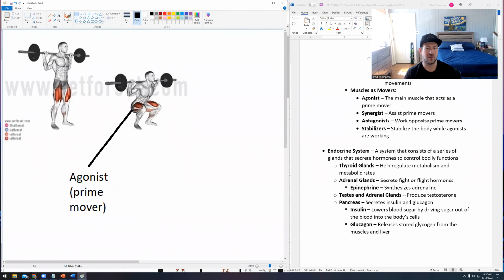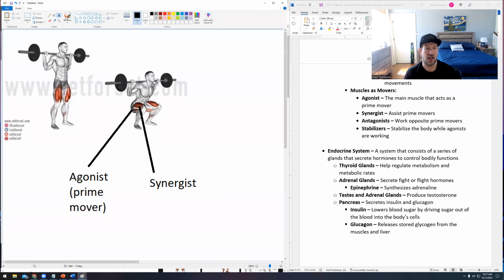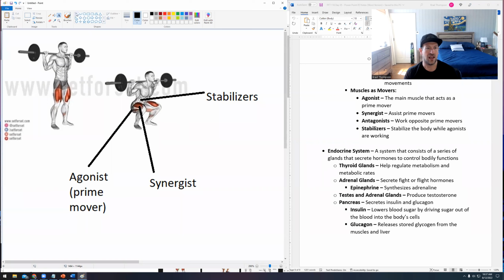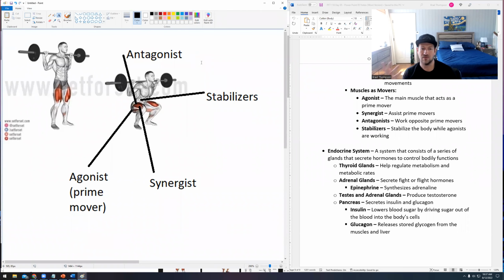You have the quadriceps, which are now a synergist. They're a helper muscle. You've got your core acting as stabilizers. And you've got your hip flexors right up here acting as antagonists. And so those are the four major categories, right?